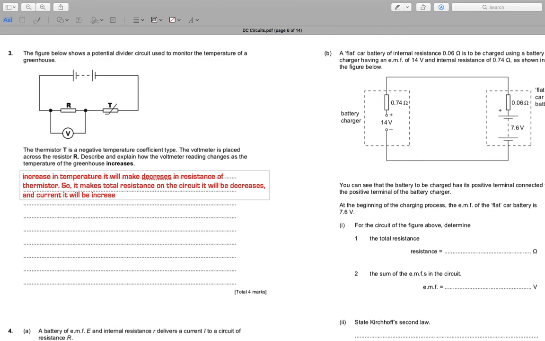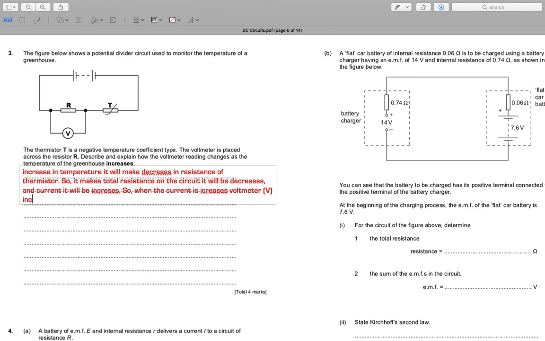So when the current increases, the voltmeter reading V increases also.